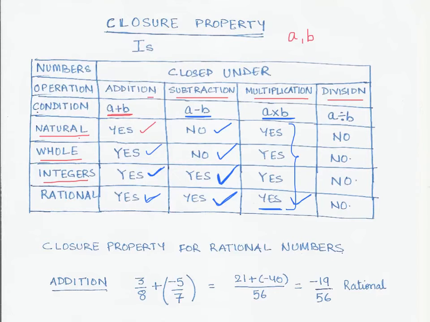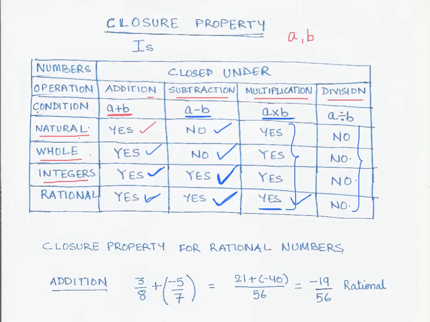What we find is that all these four types of numbers, natural, whole, integers and rational, are not closed under division, which means whenever you divide two numbers of the same type, the result will not necessarily be that same type of number, and we will prove this later on.